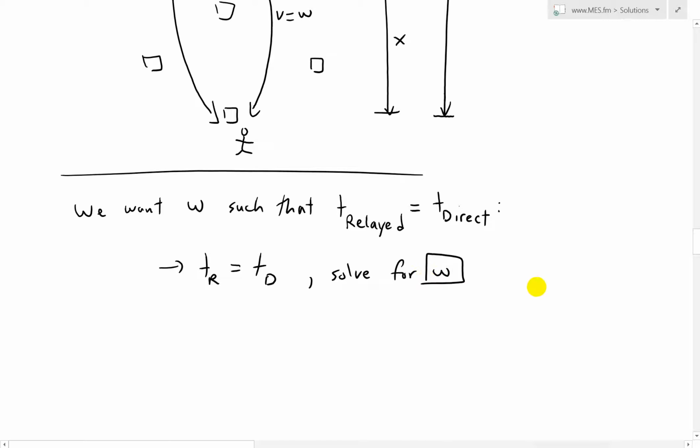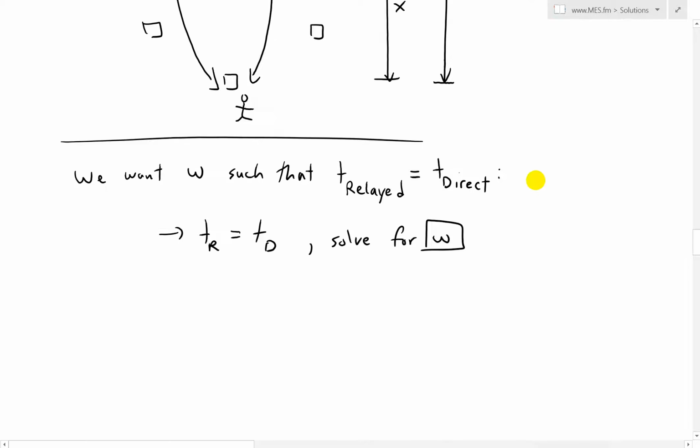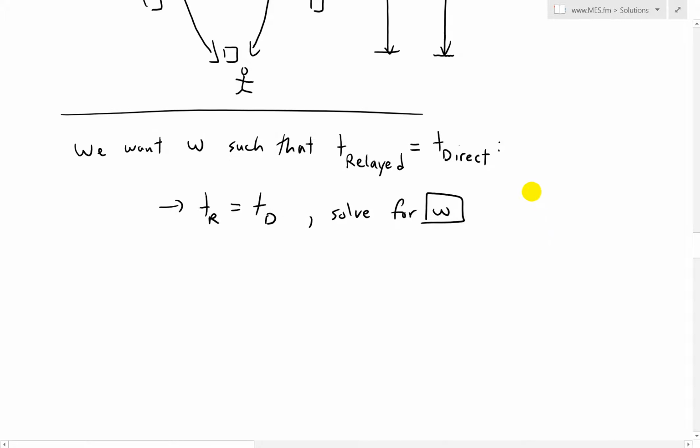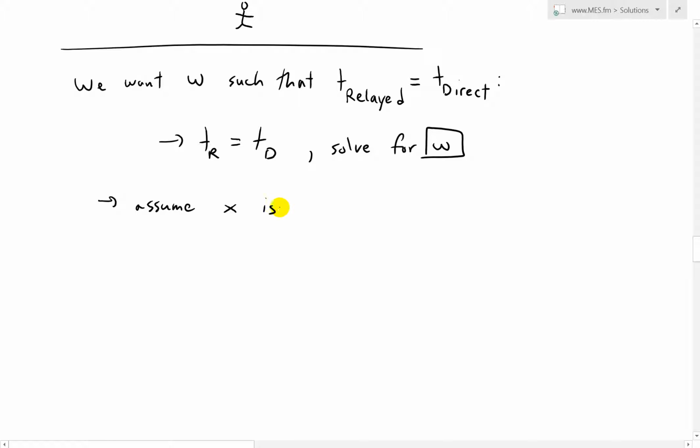Now the other variable X right here, recall from part B, and we're going to use that also. We're just going to assume that X is the distance that minimizes the relay time.